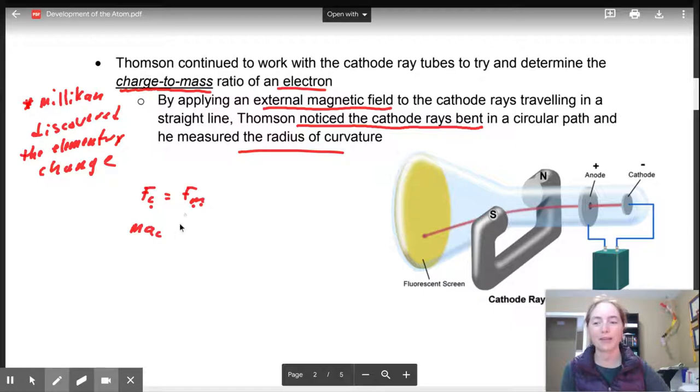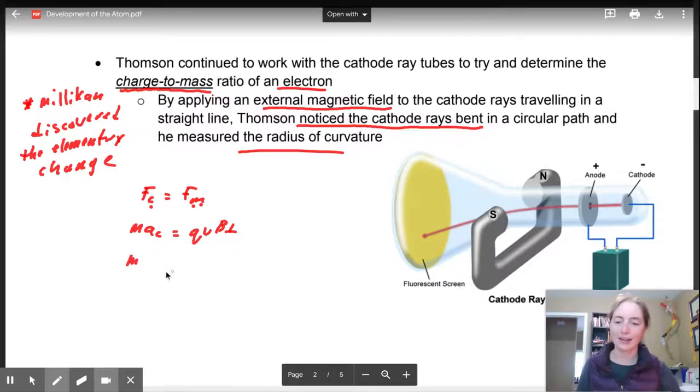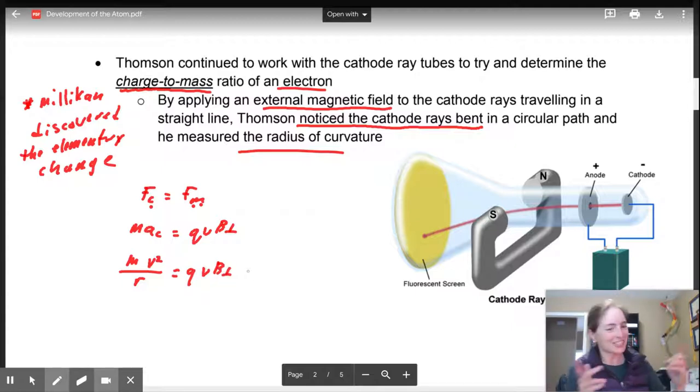So our ma, as we know, is equal to qvB perpendicular, and mv squared over r is going to equal qvB perpendicular. Is this looking familiar at all? I certainly hope so. So we can cancel out those v's, being the same value on each side. So mv over r is equal to qB perpendicular.